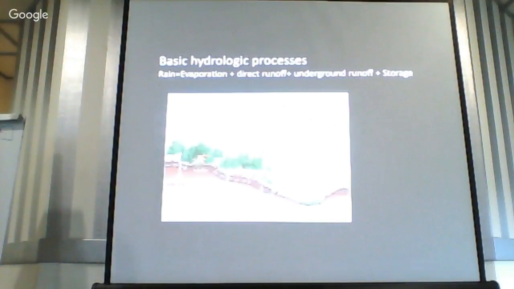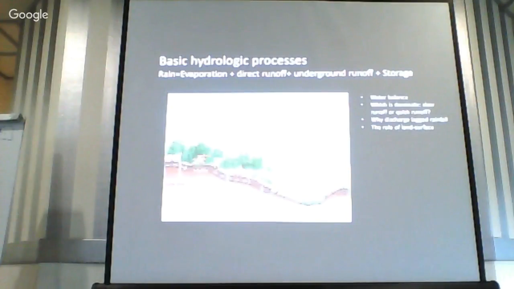These are the basic hydrological processes. We know the rainfall is the source, and the sinks could include evaporation and transpiration, and some surface runoff, the quick runoff, and then we have underground flows, and we have some water storage.